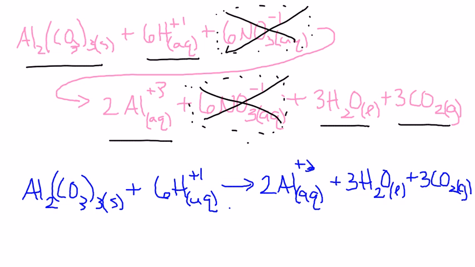And that is your net ionic equation for number 4. I'm going to go ahead and erase that so we can move on to number 6.